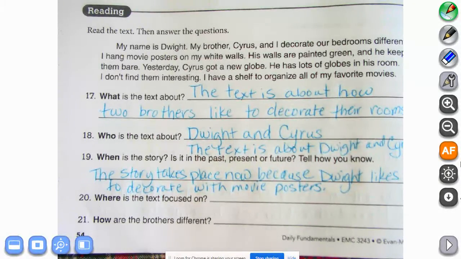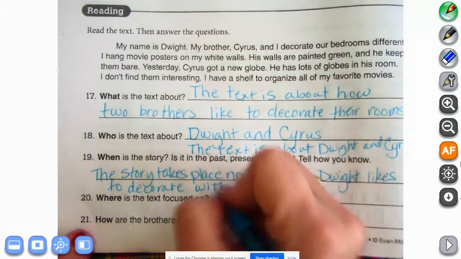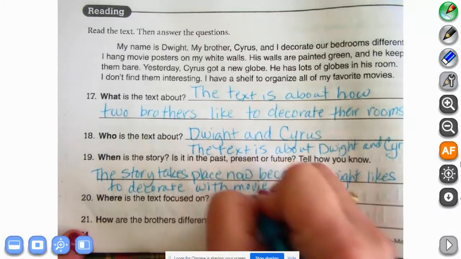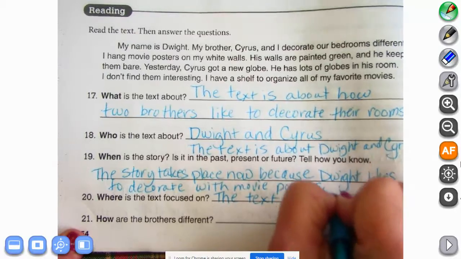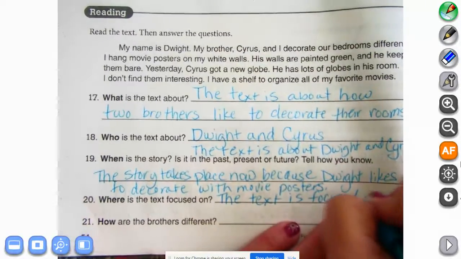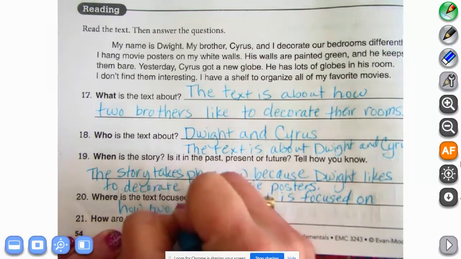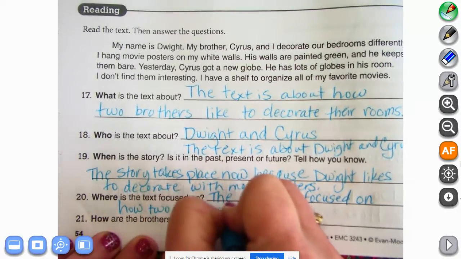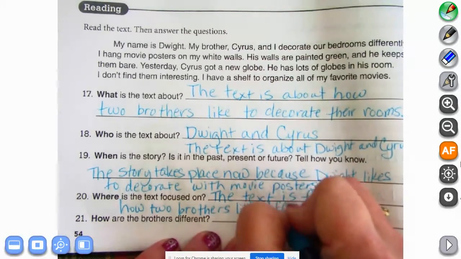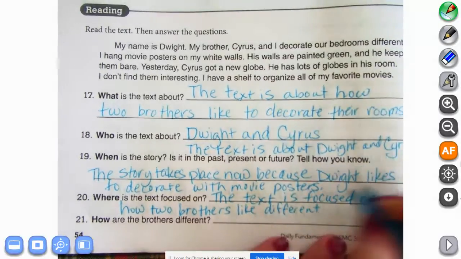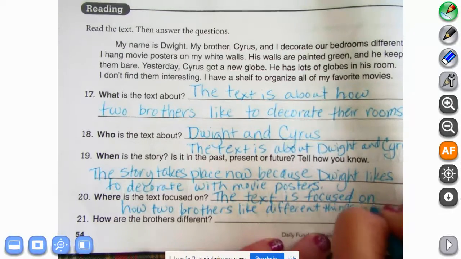Okay. Where is the text focused on? The text is focused on how two brothers like different things in their rooms.